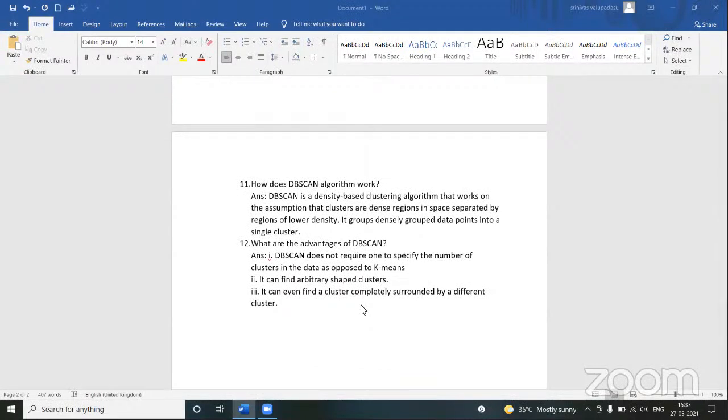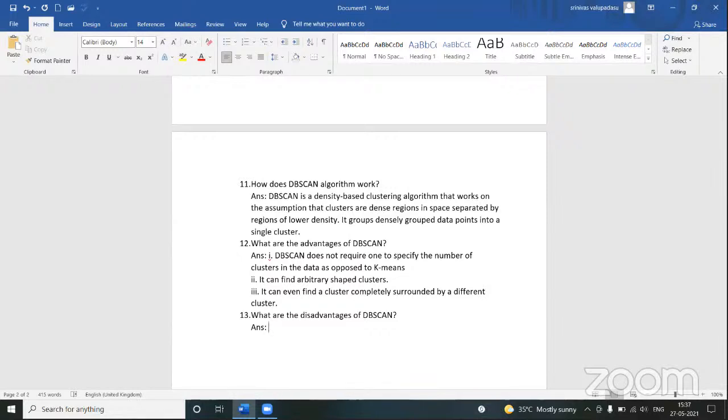What are the disadvantages of DBSCAN? The DBSCAN algorithm fails in case of varying density clusters.